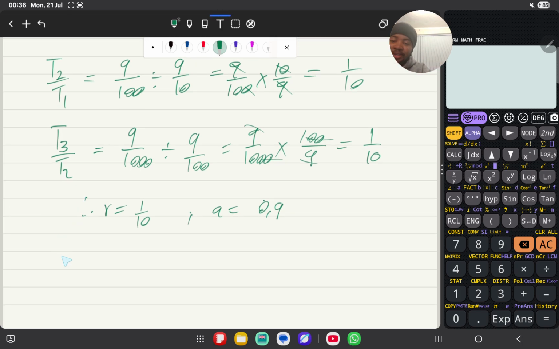From here, you say S to infinity equals to a over 1 minus r, which is equal to 0.9 divided by 1 minus 1 over 10, right? So this is 10 over 10 minus 1 over 10, 9 over 10, 0.9 divided by 0.9, right?